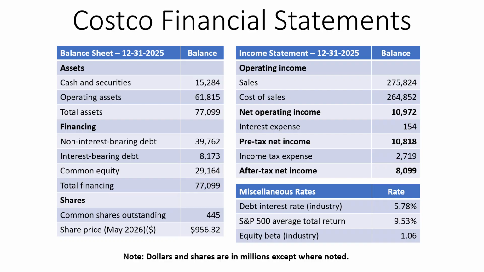On the right-hand side, we have the income statement of Costco, and this is for the 12 months ended December 31st, 2025. On the revenue side, we have operating income, sales, and then expenses, we have cost of sales. Now, one thing we have to be cognizant of is that whenever we use any of these numbers to determine model parameters, we want to exclude non-operating items.